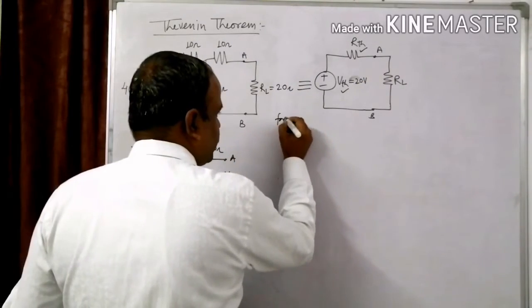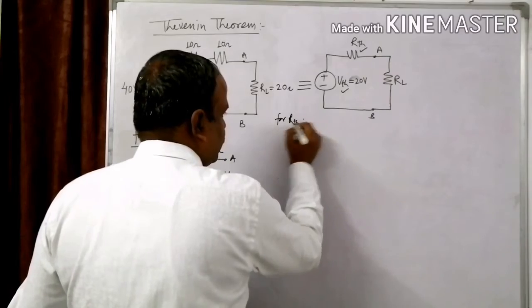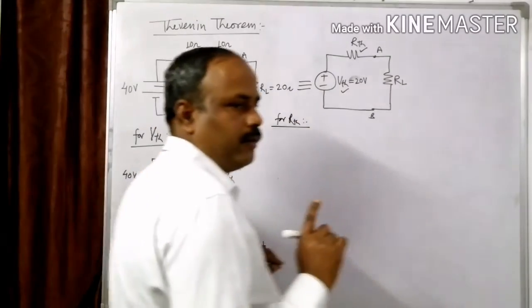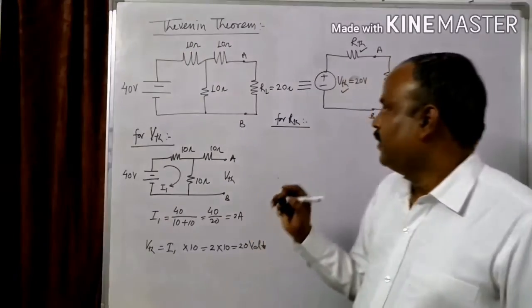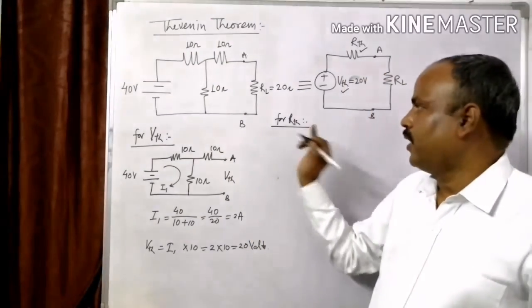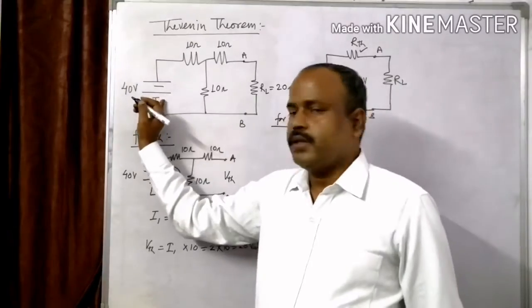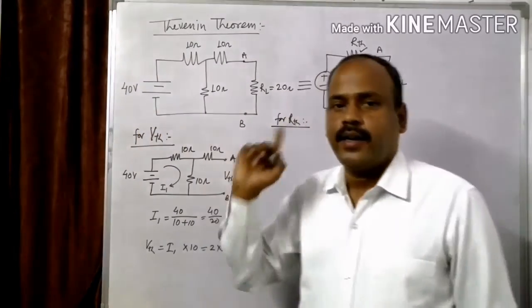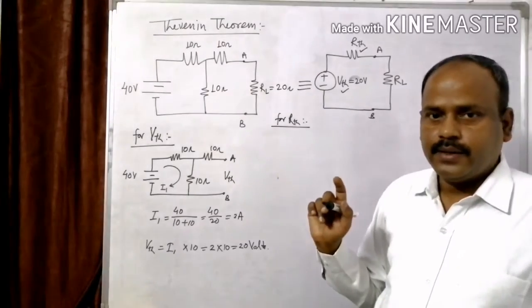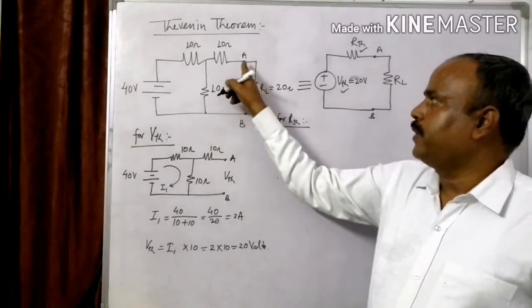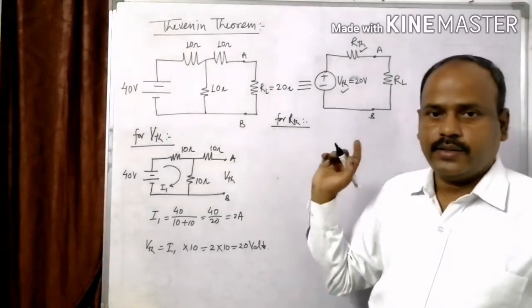For RTH, how can you calculate RTH? I am repeating the process to calculate RTH, right? All the voltage sources are short circuited, all the current sources are open circuited, and the load is removed. Then the equivalent resistance between points A and B is the RTH, right?